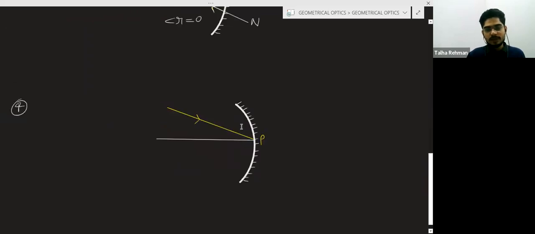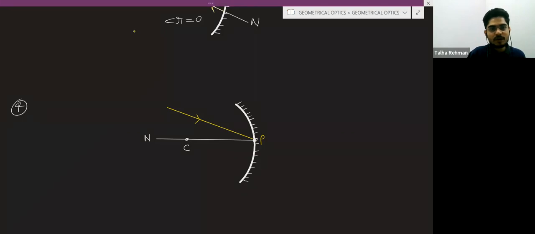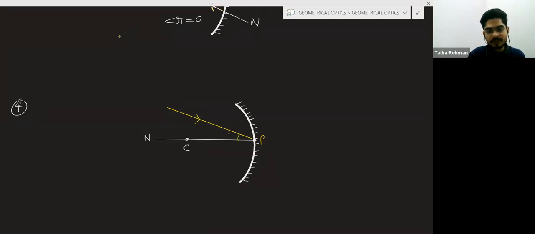This rule: a ray of light is falling at the pole. So now this is the center of curvature. If you draw the normal, this line, this principal axis, will work as the normal. Suppose the angle of incidence is theta.